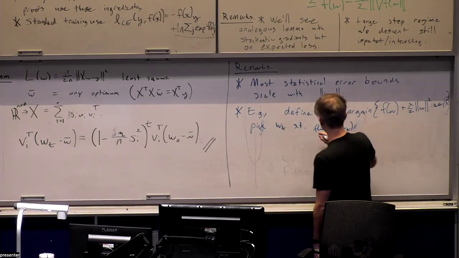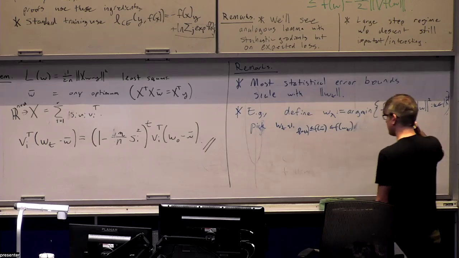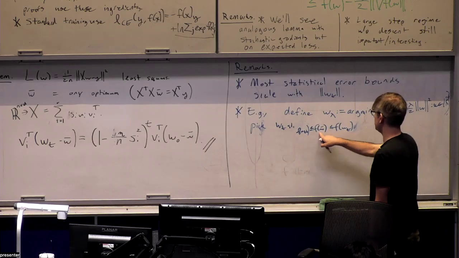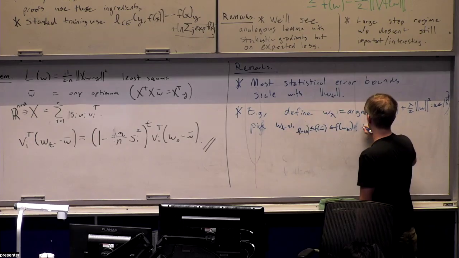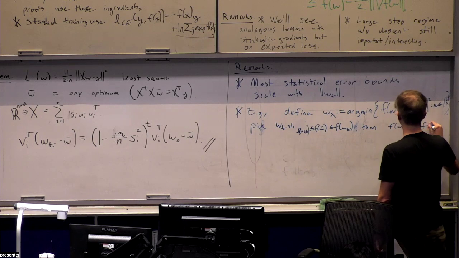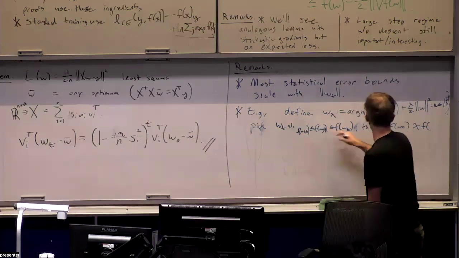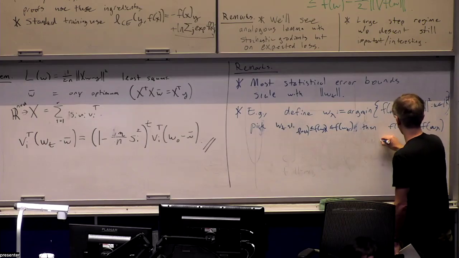Okay. This is WT plus 1. This is WT. This is W bar. Then we have that F of WT is approximately F of W lambda, and the norm is similar.